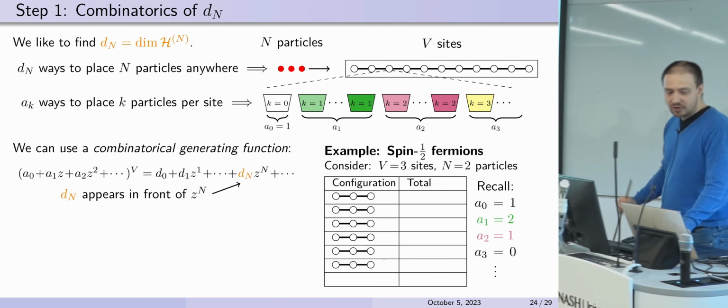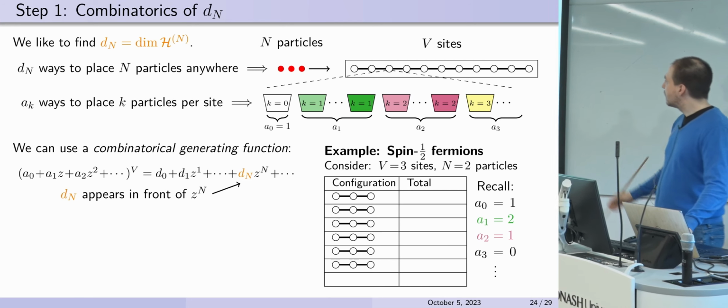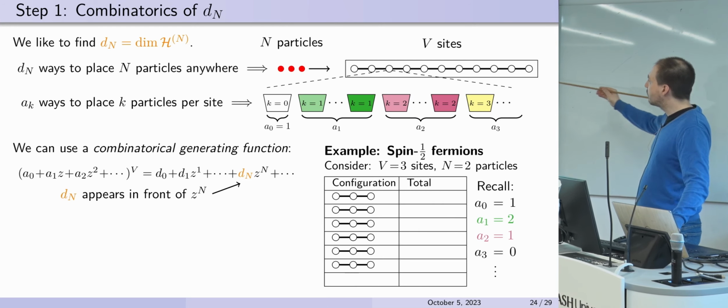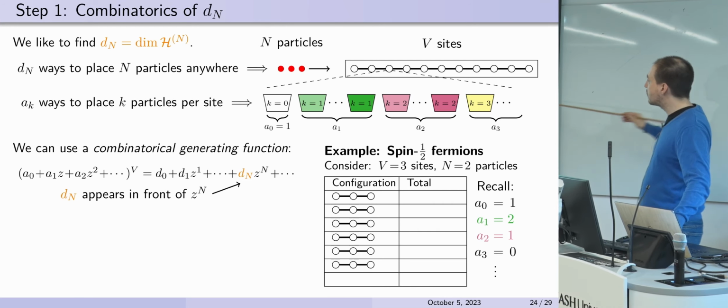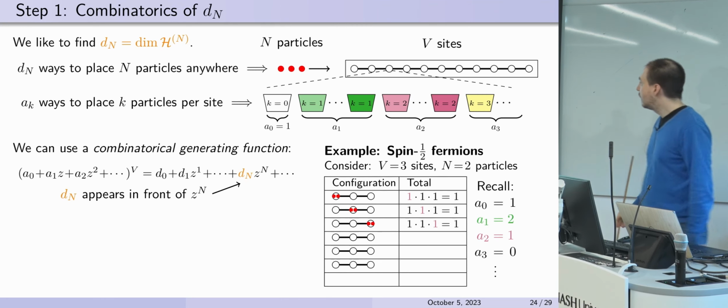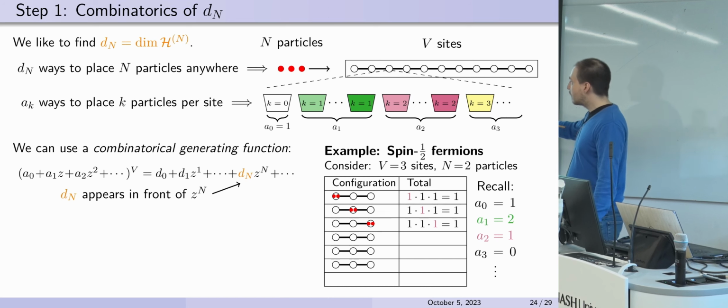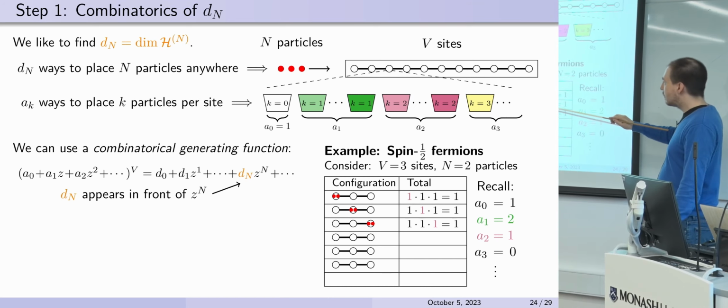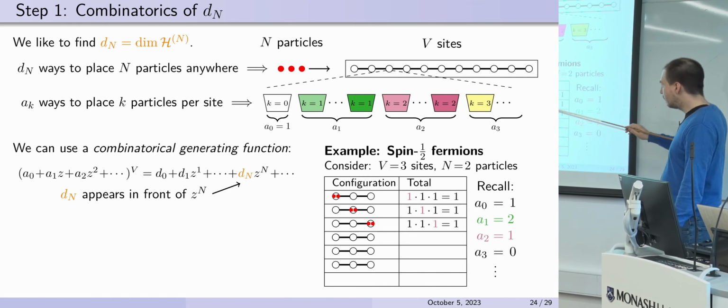And just to convince you, let's look at an example that works for a spin 1/2 system with 1, 2, 1 and lots of zeros, 3 sites, 2 particles. Let's just count. So placing 2 particles onto the first site, the second site, or third site.